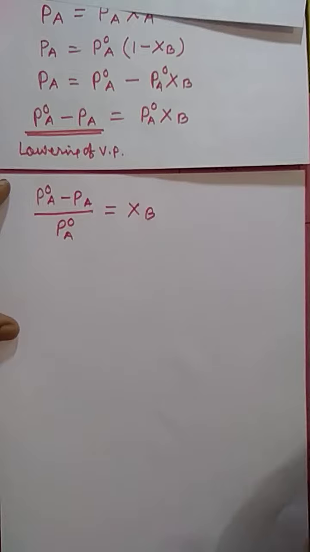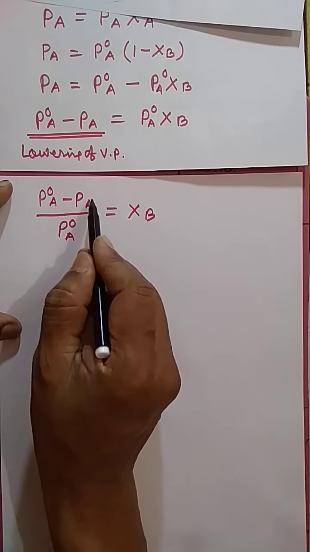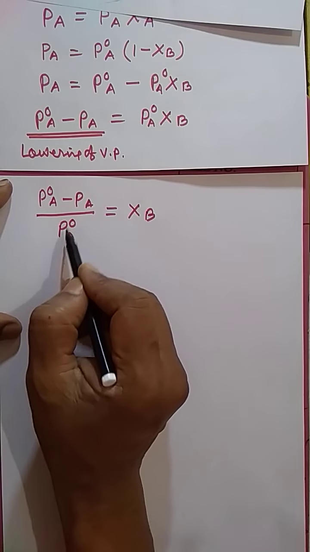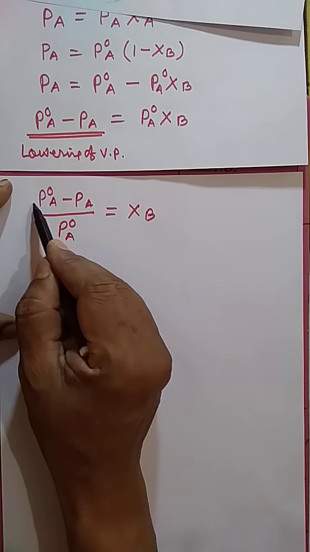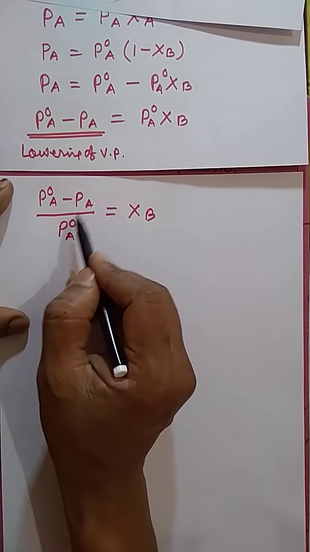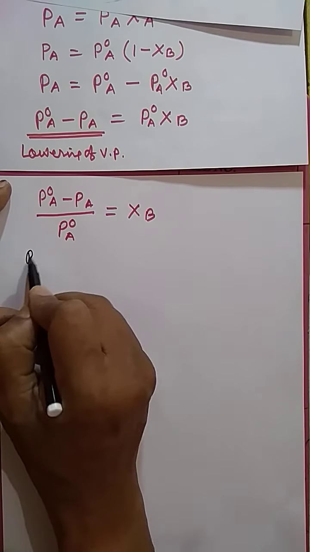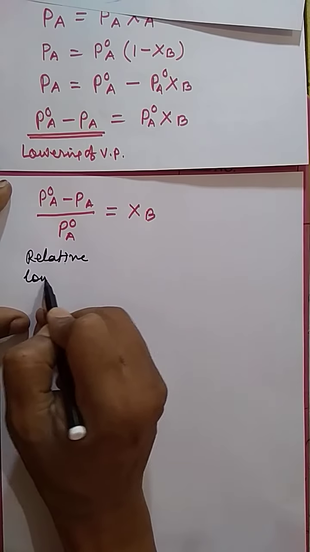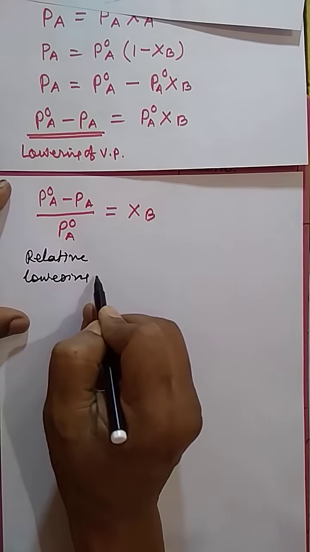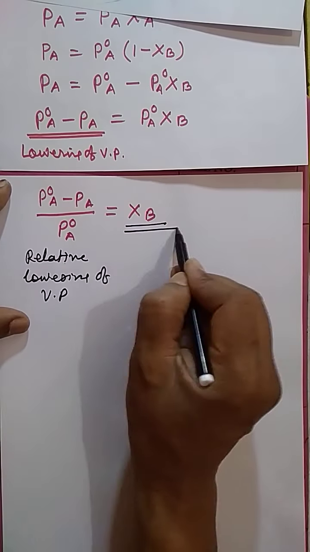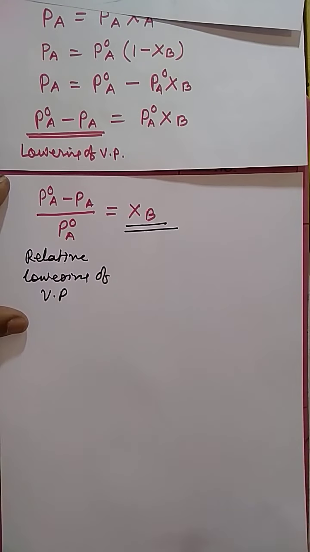Now we see this is your relative lowering of vapor pressure. This is lowering of vapor pressure, and this is vapor pressure of pure solvent. So you can say relative lowering of vapor pressure is equal to mole fraction of solute.